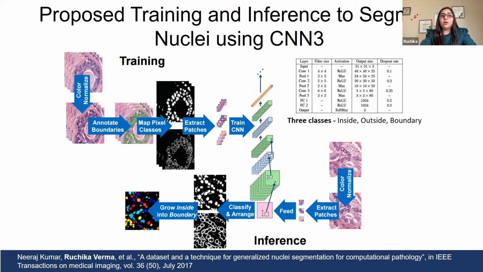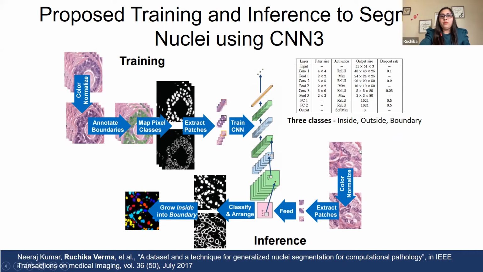And then we created nucleocentric patches. After sampling these nucleocentric patches, we passed them through the CNN model, and the architecture of the CNN model is shown here. The objective was to predict 3 classes: inside of the nuclei, outside of the nuclei, and boundary pixels.